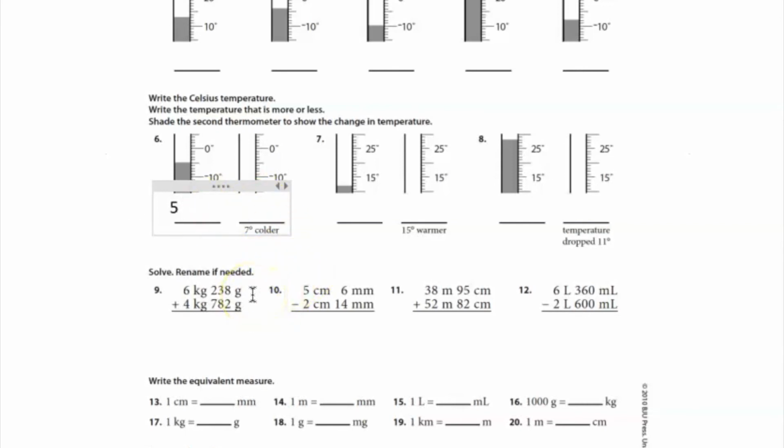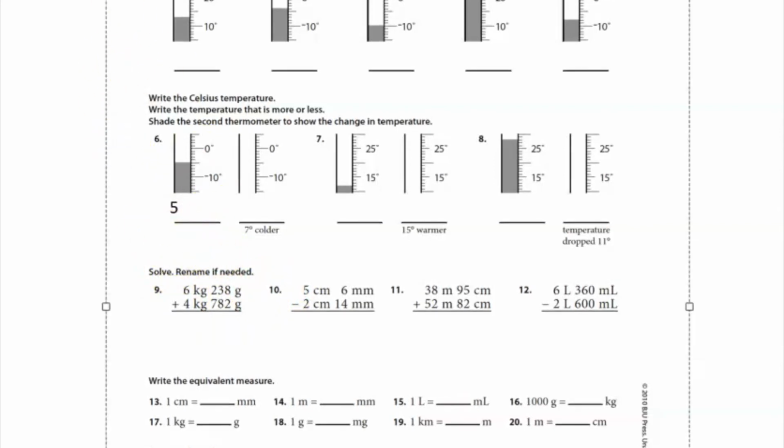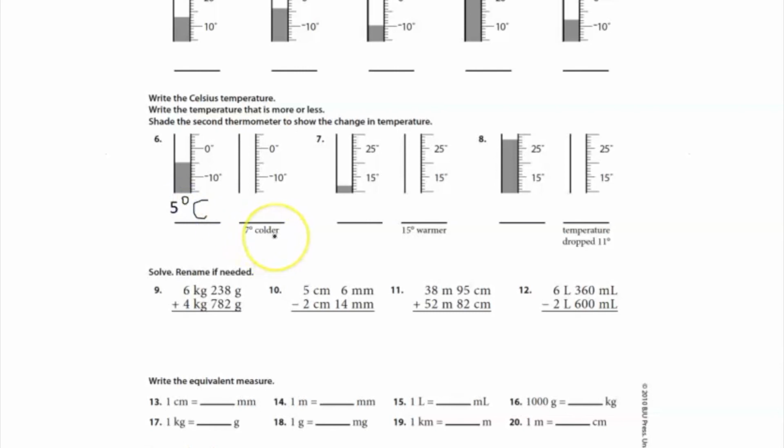And because I don't have the symbol, I'm going to manually draw this unit, degrees Celsius, and it says 7 degrees colder. That means, do we have, oh sorry, it's actually minus. I didn't see the minus sign. So number 6 is minus 5 degrees Celsius, and we need to make it 7 degrees colder.